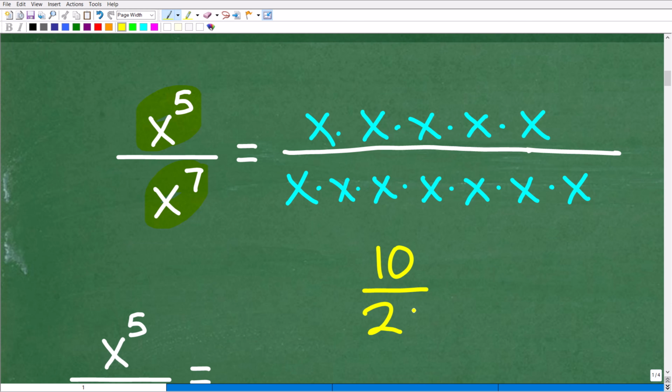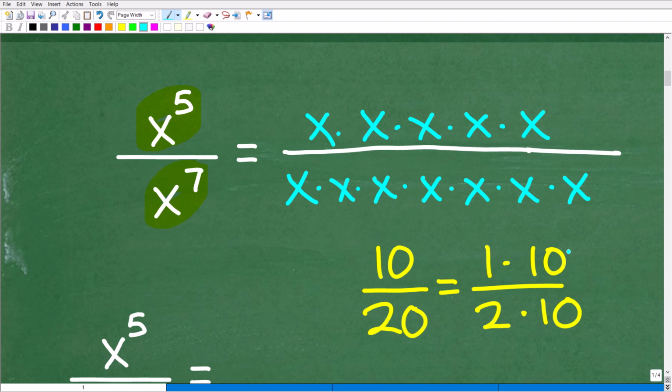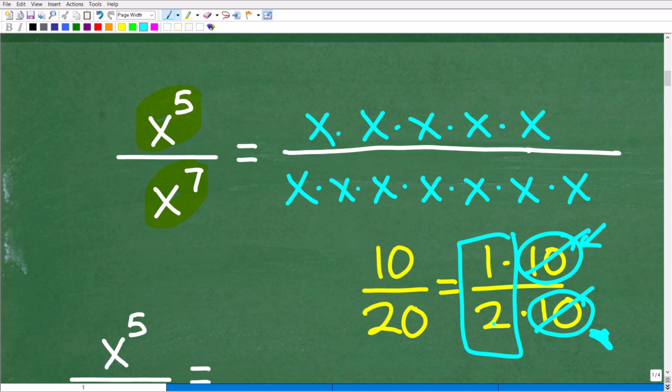If we have the fraction 10 over 20, I can say 10 is the same thing as 1 times 10, and 20 is the same thing as 2 times 10. So in math, if you have common factors in the numerator and denominator, we can cross cancel those. Those go away, and we're left with the answer 1/2. So 10 over 20 is equal to 1/2.